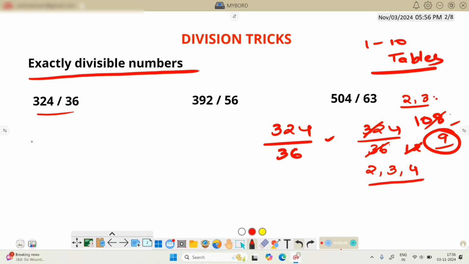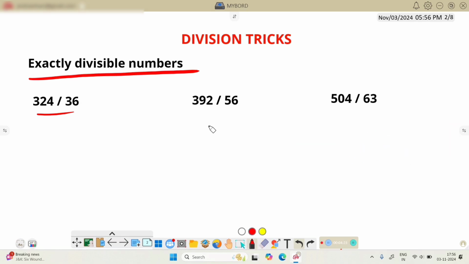Now, instead of doing this, I will tell you one trick. Here they have given 324 by 36, right? You just multiply the denominator 36 with 10, and you will get 360.